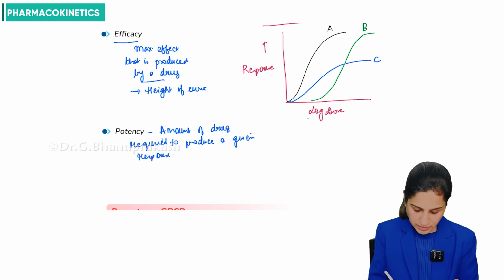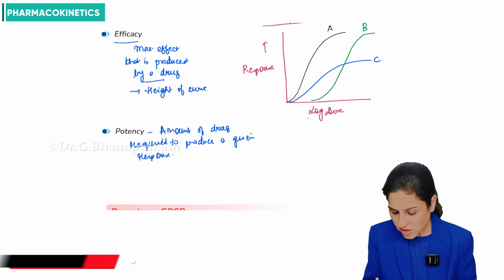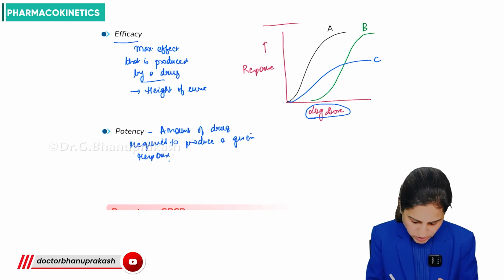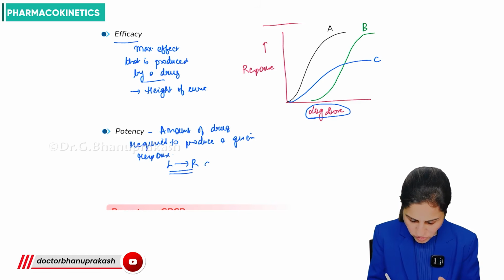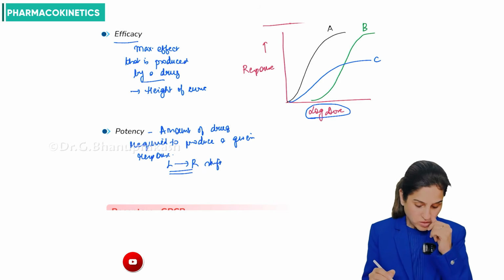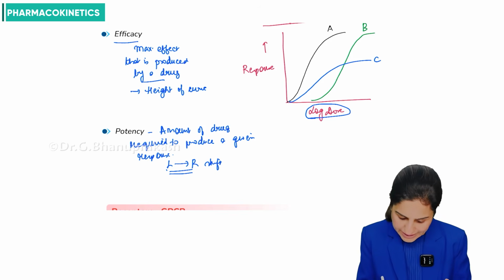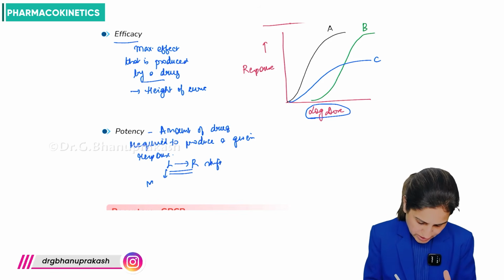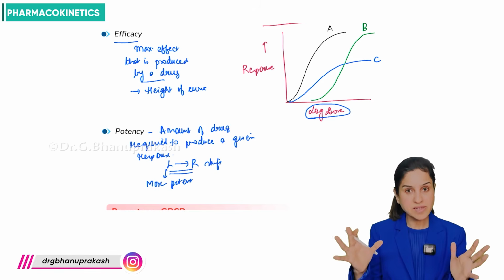And this is determined by the position on the log dose axis, right? So it is determined by left to right shift. If a drug is more towards the left side, it is said to be more potent than if it is on the right side for the same response.